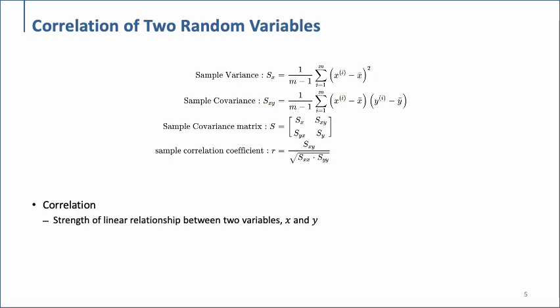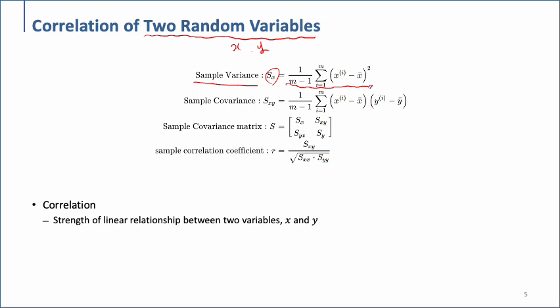And let's talk about the correlation of two random variables. Here we're going to take two random scalar variables, x and y. As we discussed earlier, the sample variance for x can be computed with this expression.